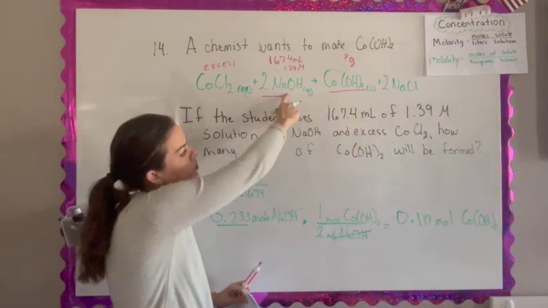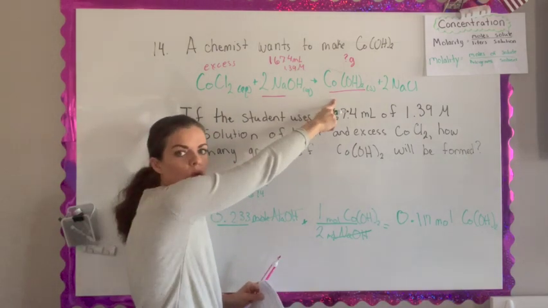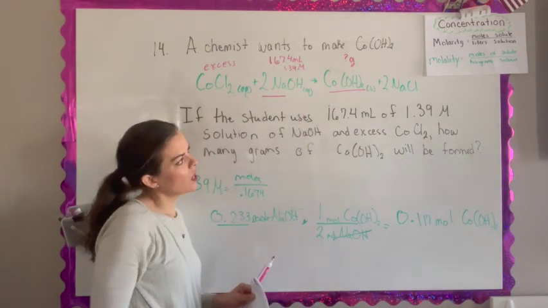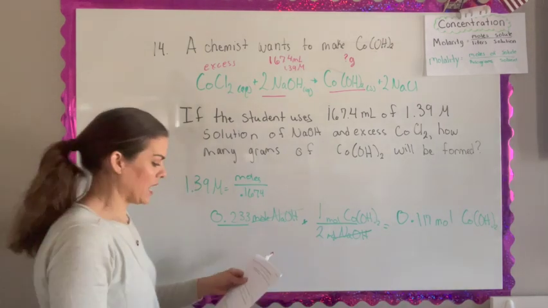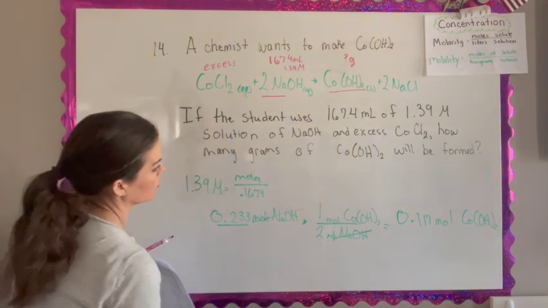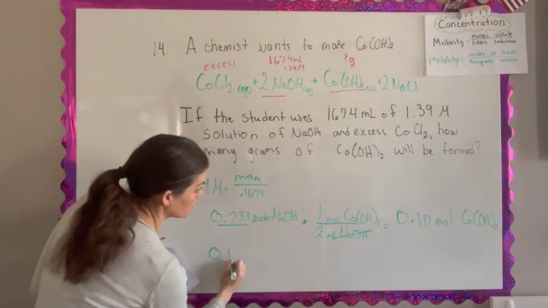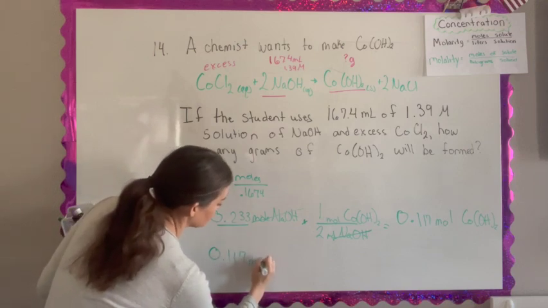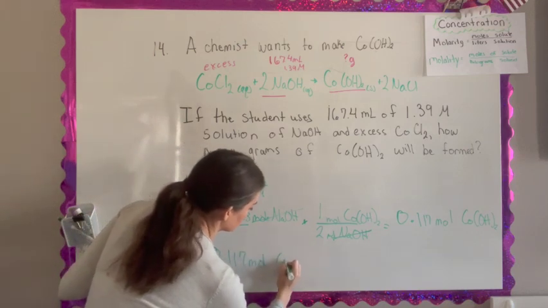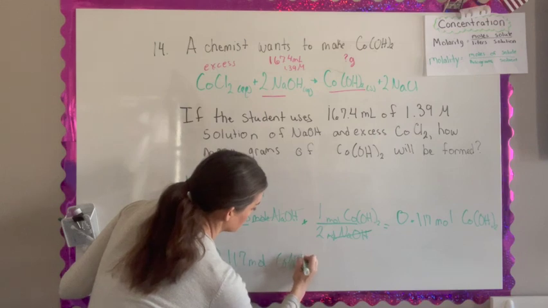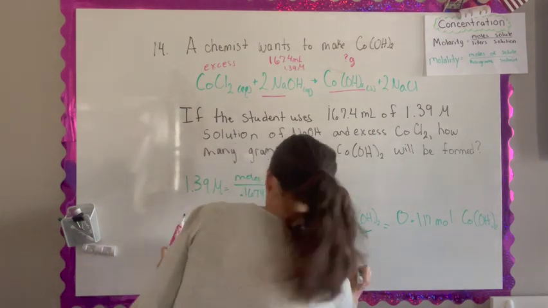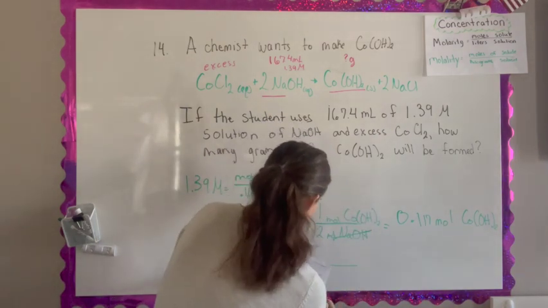0.117. So I was able to calculate how many moles of the cobalt hydroxide, but it doesn't ask for moles, it asks for grams. So they give us one more step.